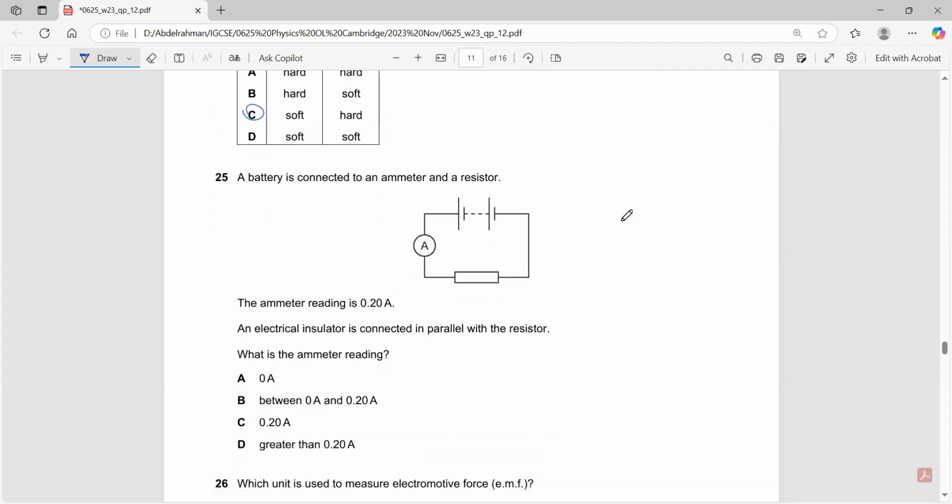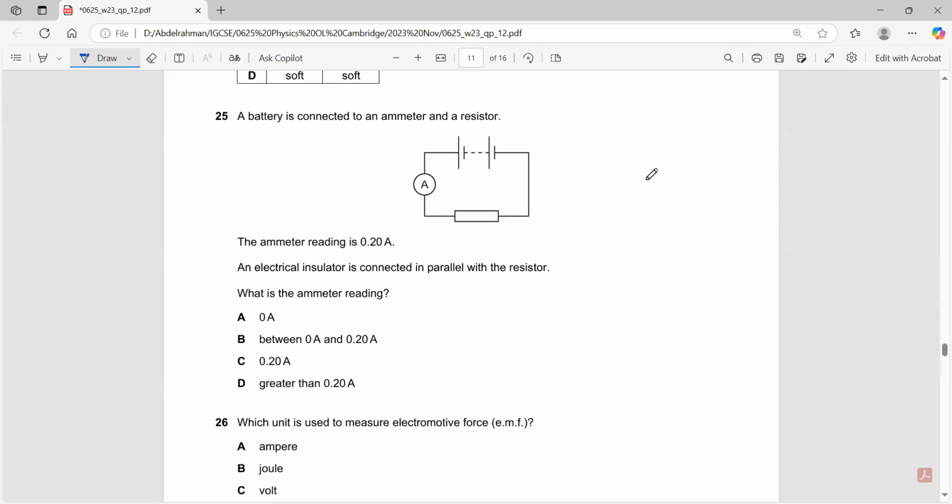A battery is connected to an ammeter and a resistor. The ammeter reading is 0.2 amperes. An electrical insulator is connected in parallel with the resistor. Would this actually affect the current?